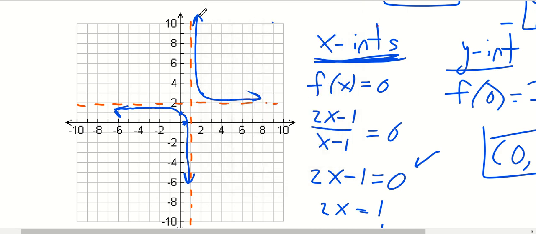We said that there were two possibilities. It either has to follow like this, or the only other possibility is it could follow and be below. The reason why that wouldn't work is that in order to follow both of those asymptotes, at some point in time, that graph would have to cross the x-axis.